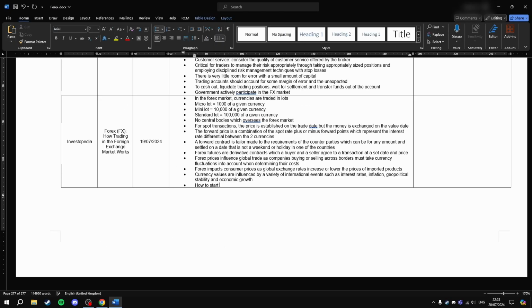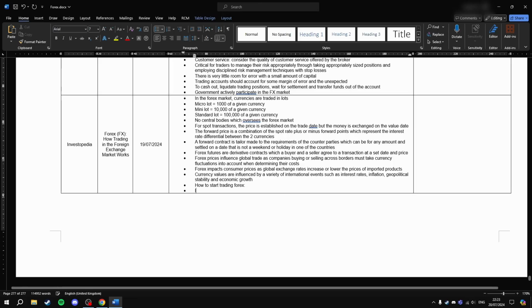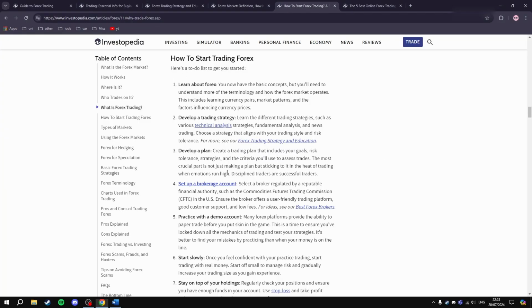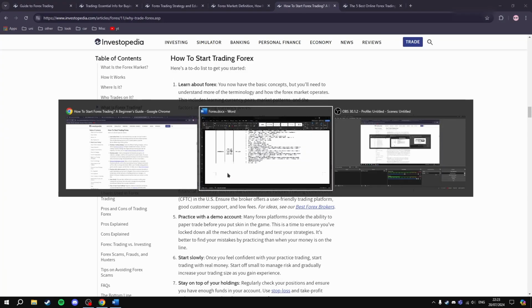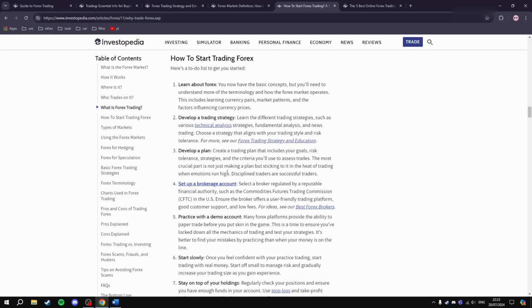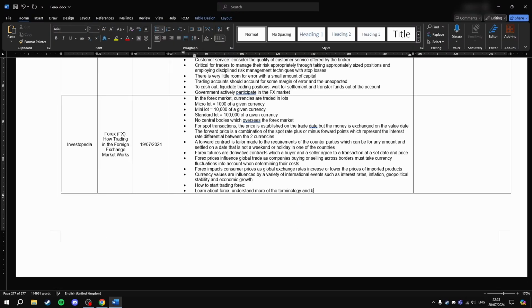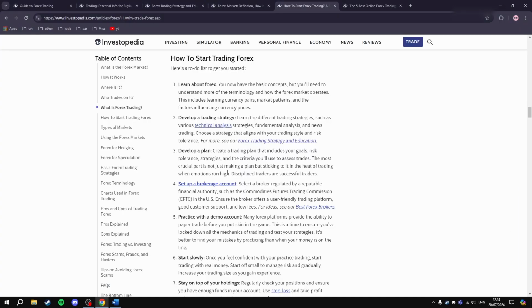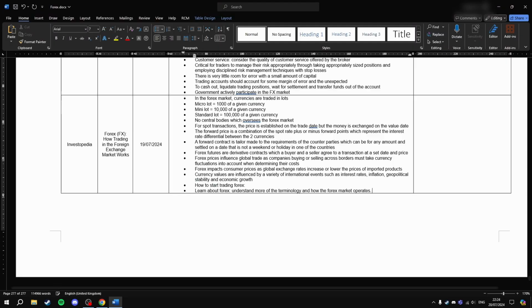Learn about Forex. So understand more of the terminology and how the Forex market operates. This includes learning currency pairs, market patterns, and the factors influencing currency prices.